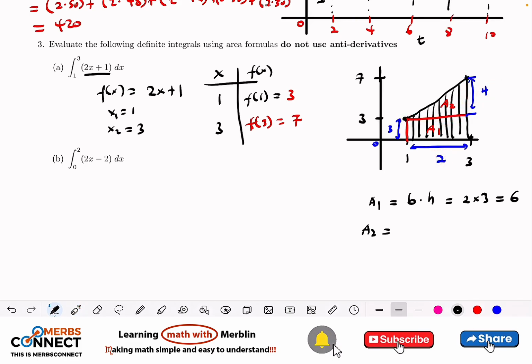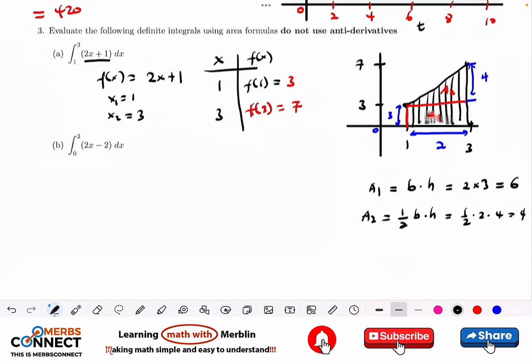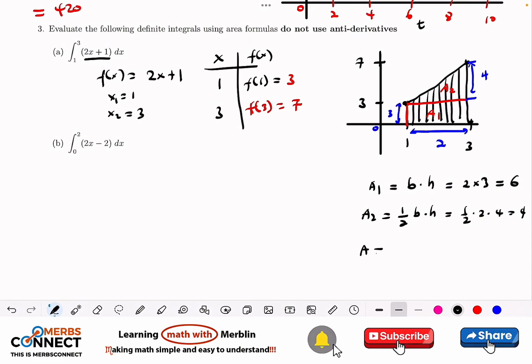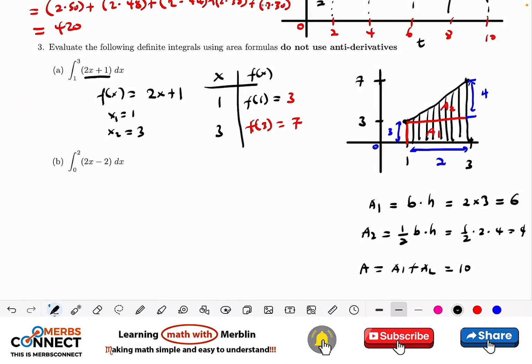The formula for a right angle triangle is 1 over 2 base times height. This is 1 over 2 times 4, which is 4. So the area is A1 plus A2, which gives us 10. So when we do the integration here, we need to have 10.